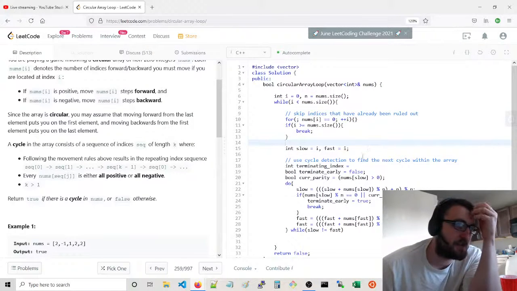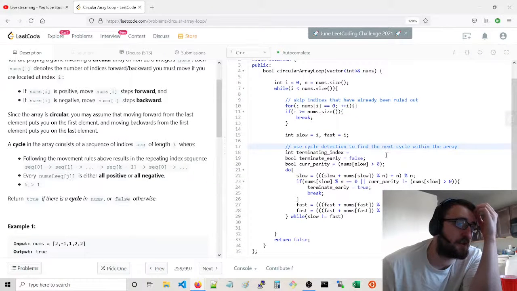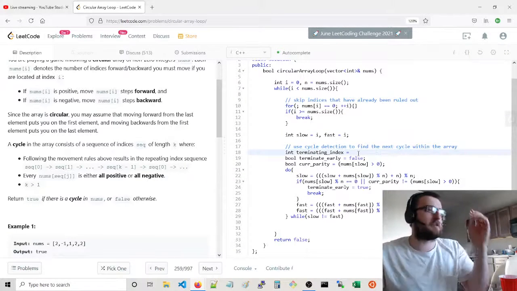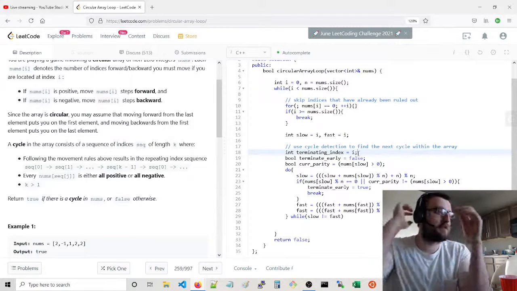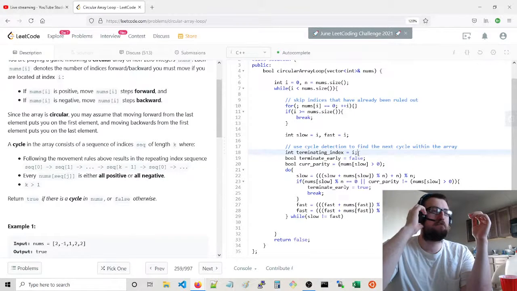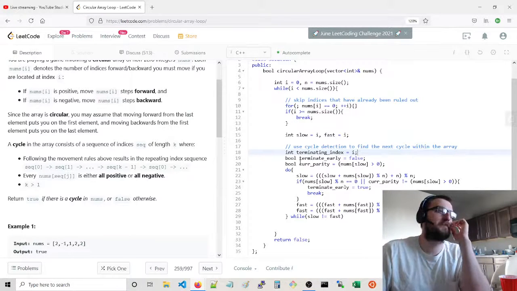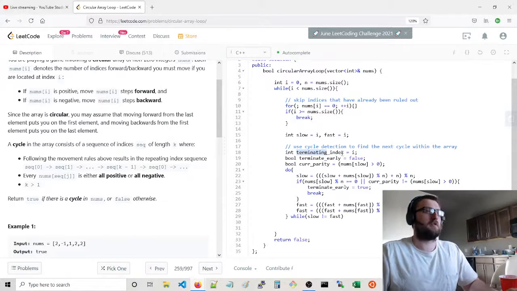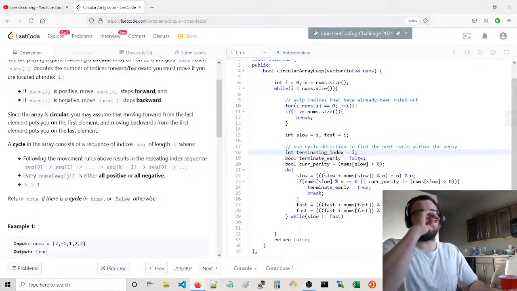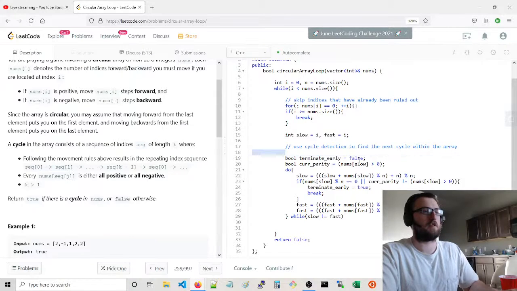Slow equals I, fast equals I, cycle function to find the next cycle within the array. Terminating index will start off at I. Well, actually, I doesn't change, so we don't really need to do that.